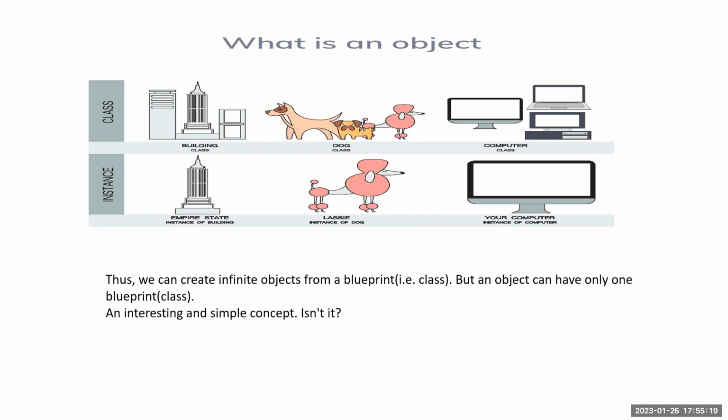But an object will have only one blueprint, which follows the same class. It cannot have multiple blueprints. So that's how it works with class and object. Hope you guys have understood this, and I can go with a small example of how we do class and object.